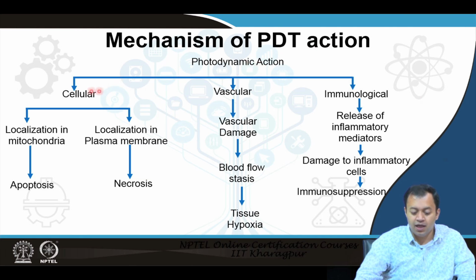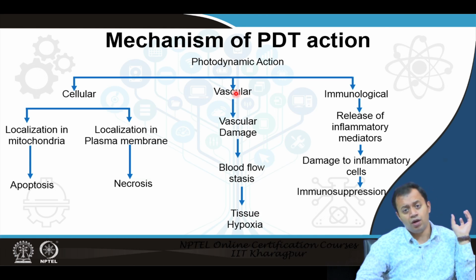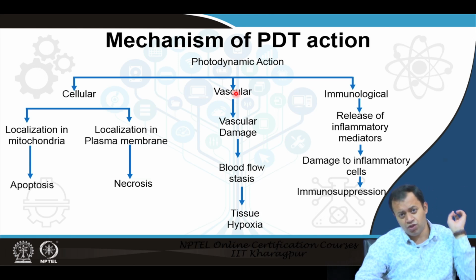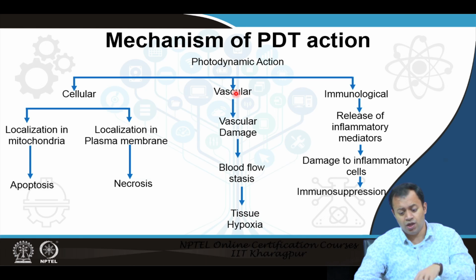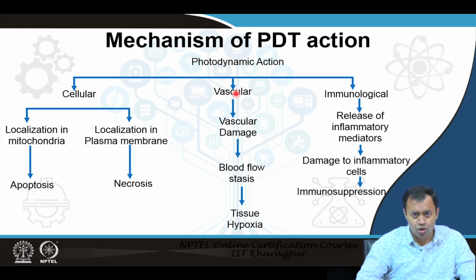Photodynamic therapy either targets certain cellular components, or it targets the immune cells which are causing autoimmune disorder, or it targets the blood flow, something that is bringing oxygen, or blood into your tumor system.